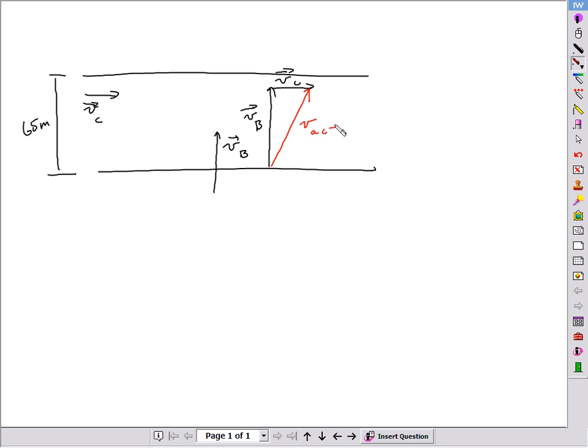So this is the actual velocity of the boat as it crosses the river. And it produces an angle here from straight across the river. Or you could use beta, which is 90 degrees minus theta.